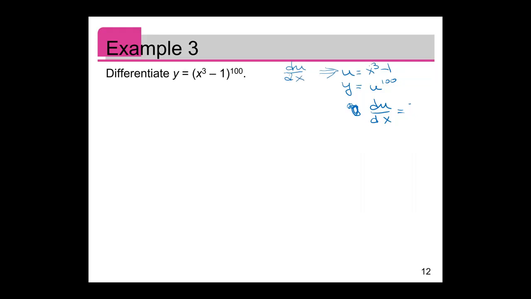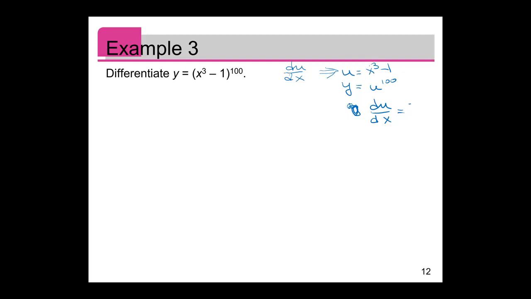Because if I was solving this, we call x the independent variable because I can say x equals 2. It's independent, but then u is dependent on that, right? Now u equals 7 if x equals 2. So we call it the dependent and independent variable. So I put the dependent over the independent variable, if you like those words better.